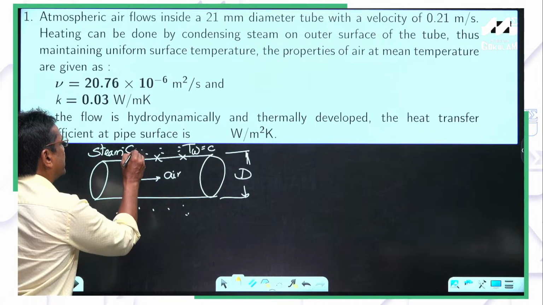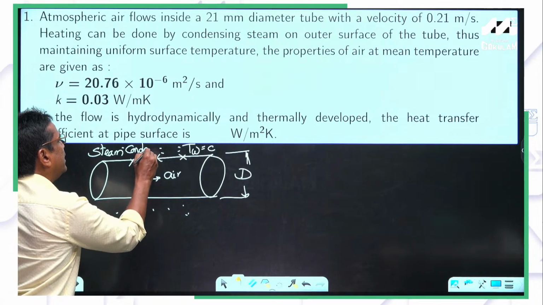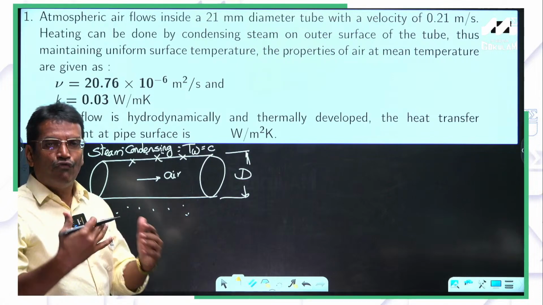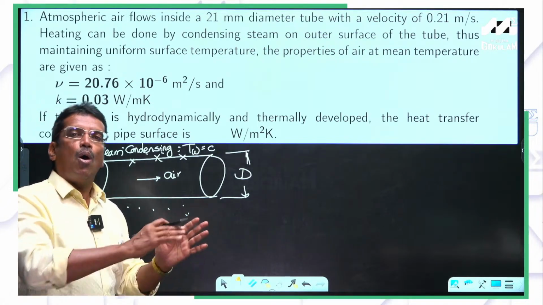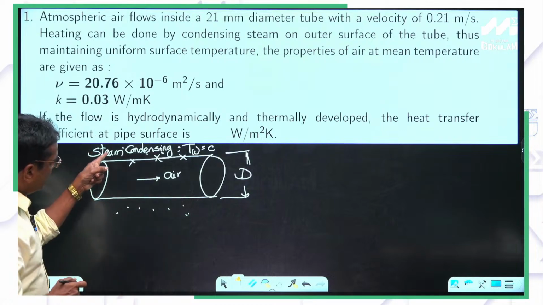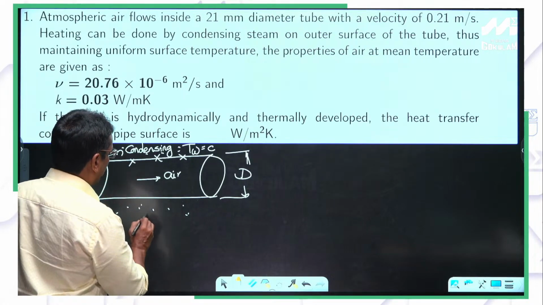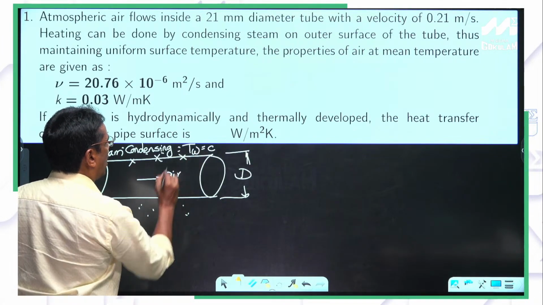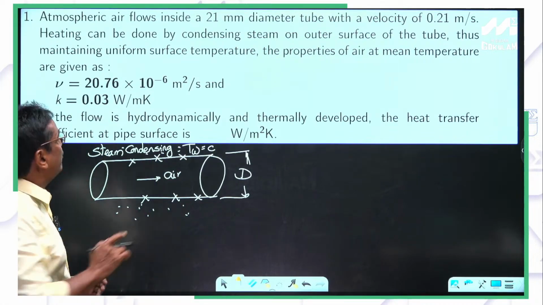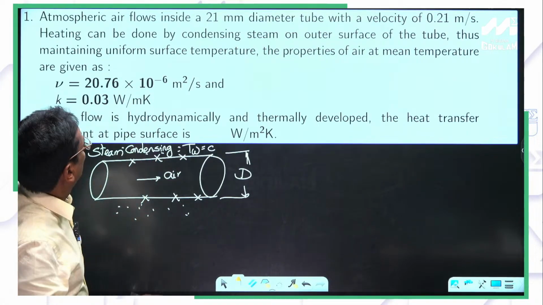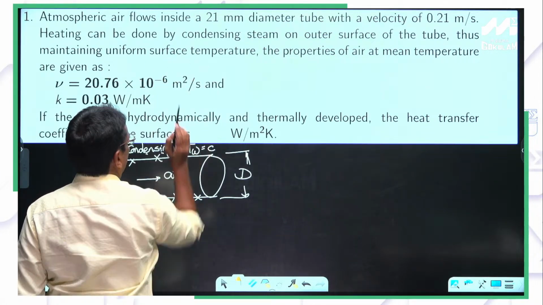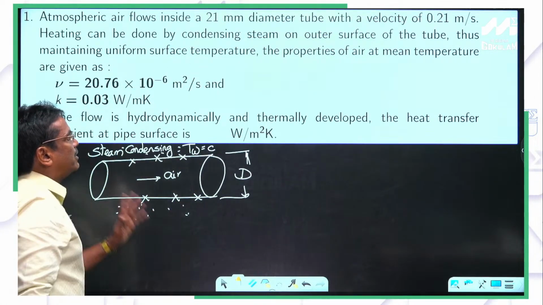Because steam is condensing, and its temperature remains constant, since any phase change from vapor to liquid or liquid to vapor is an isothermal process. Therefore the temperature of the wall all along the length of the pipe is constant. That much we can decide from the words steam is condensing. He has given a uniform surface temperature, the same all along the length of the pipe.